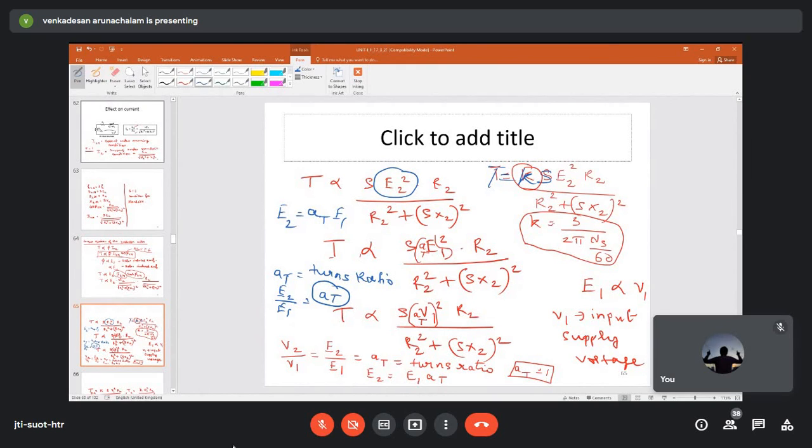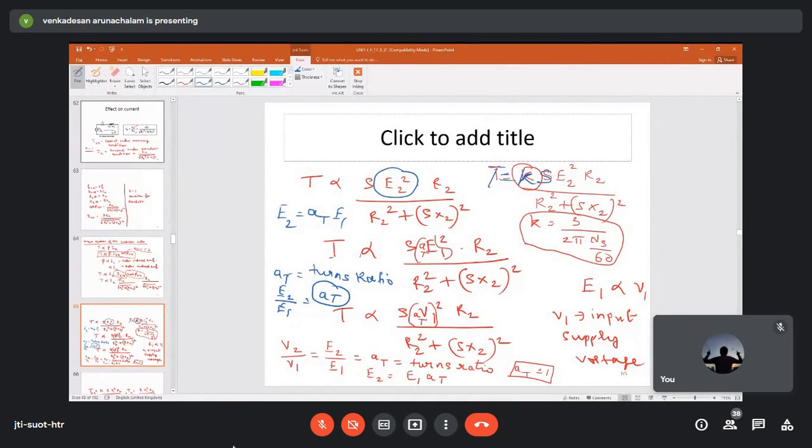Please note down this. There everything is static, but here one side is static, other side is rotating. So the induction motor, in other words, it is called as rotating transformer.